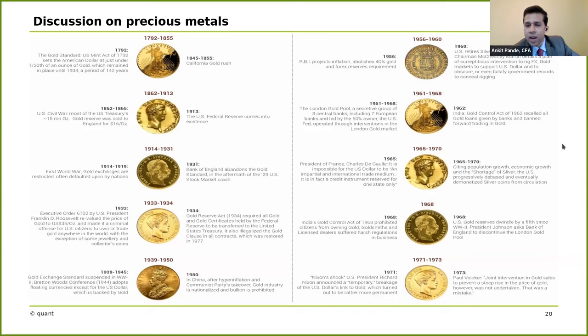You can look on the right-hand side, you can see 1965, President of France Charles de Gaulle says it is impossible for the US dollar to be an impartial international trade medium. And of course, this is on the back of the 1945 Bretton Woods Conference, where the US dollar was made the world reserve currency, but it was backed by gold.